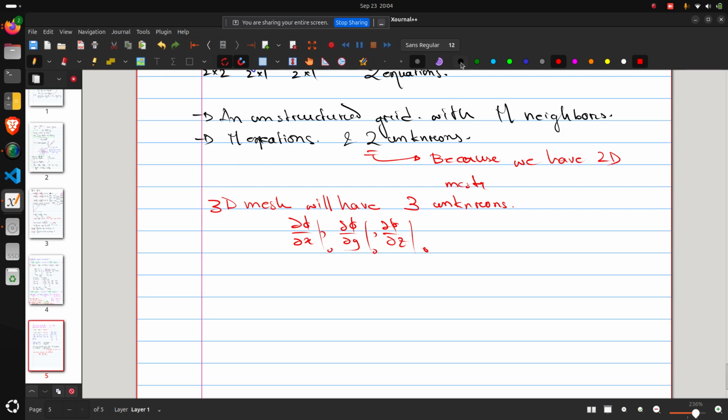Then we constructed the residual, which is nothing but a summation of all the residuals at all the faces squared. Then what did we do? We got equations, right?